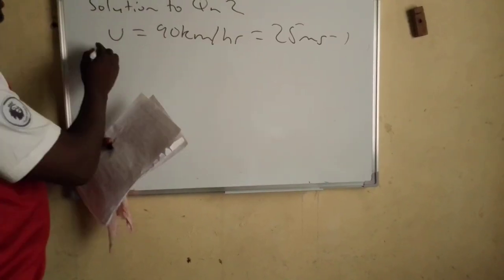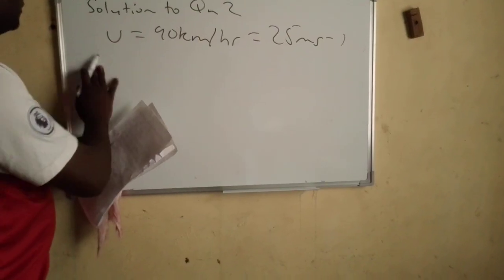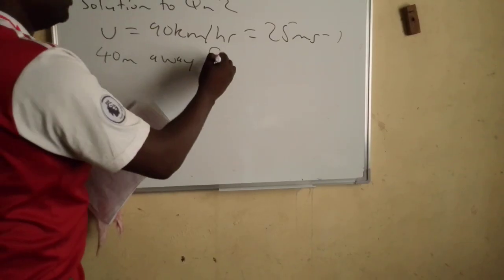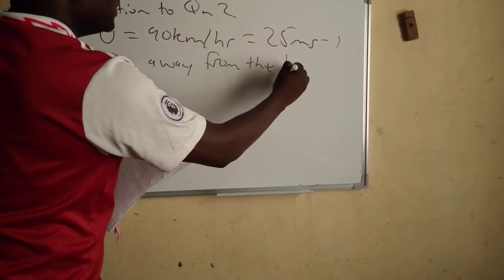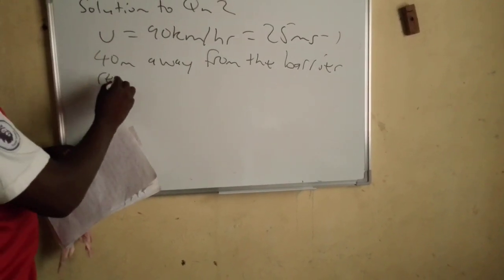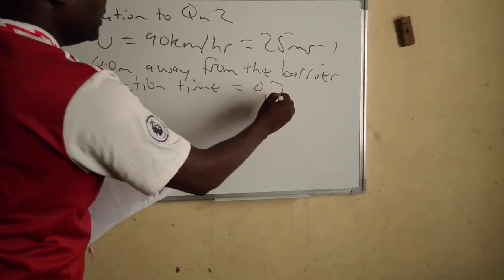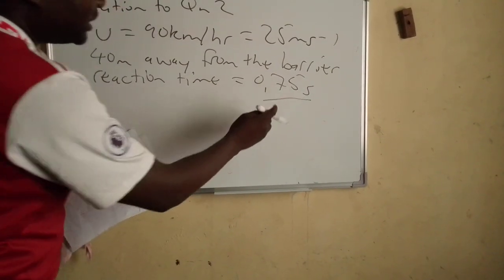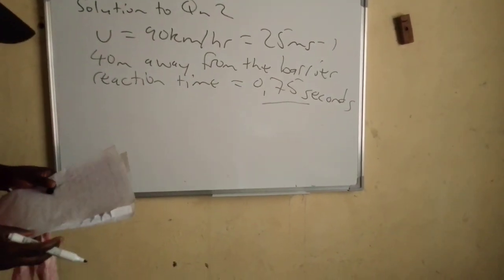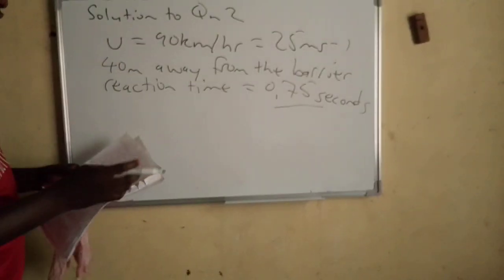The driver is 40 meters away from the barrier. The reaction time is equal to 0.75 seconds. This is the time over which the driver decides whether to apply brakes or not. So after 0.75 seconds, the driver applies brakes.